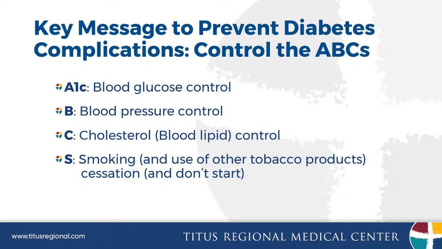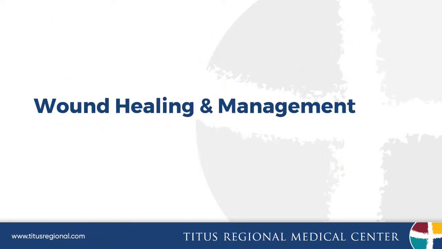That's a general target that can be personalized to you by your healthcare provider. But generally, the American Diabetes Association recommends the A1C less than 7%. Keep your blood pressure as close to the normal target of 120/80 as possible, and manage your cholesterol, as cholesterol can lead to atherosclerosis or fat buildup that leads to poor circulation.